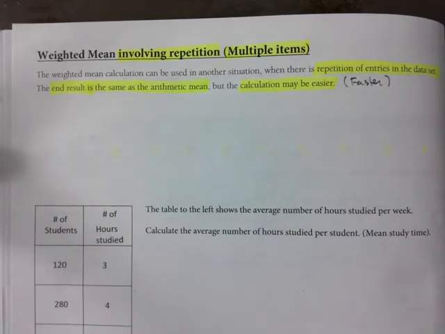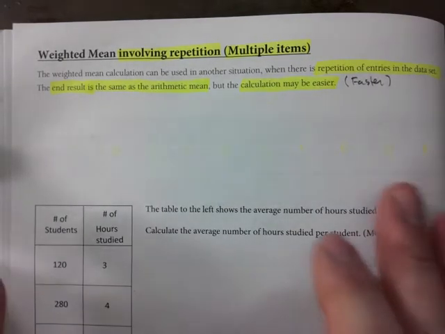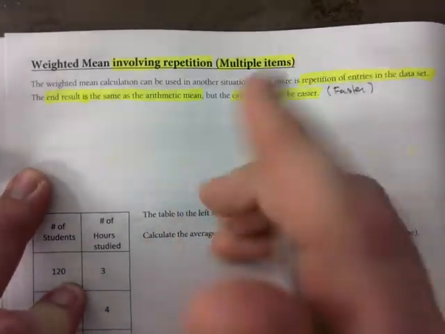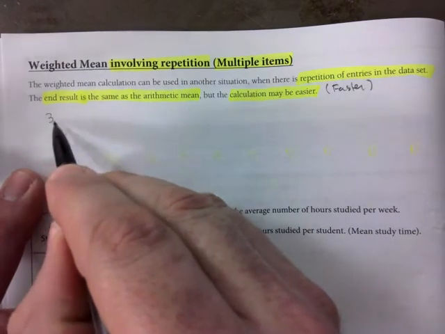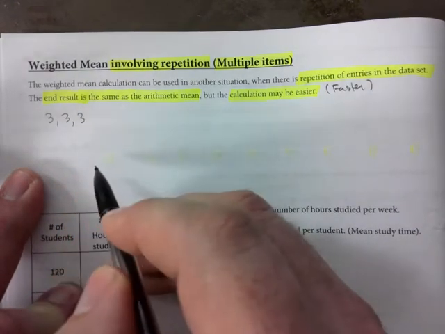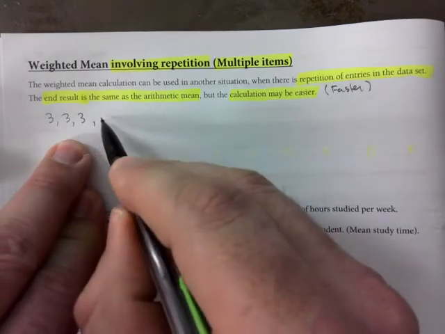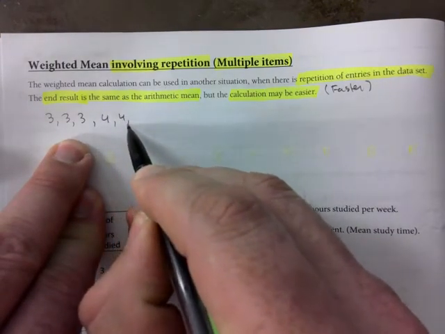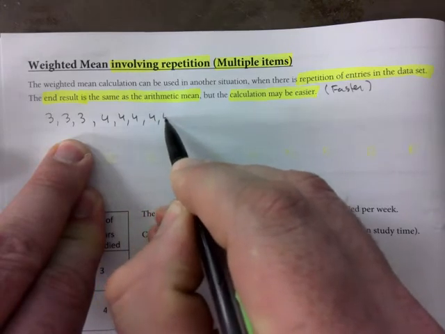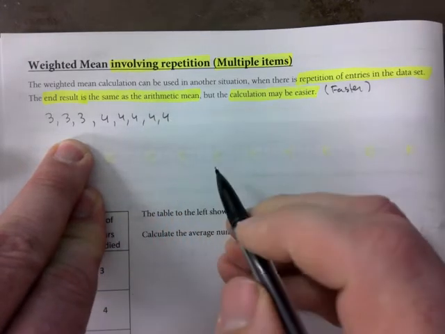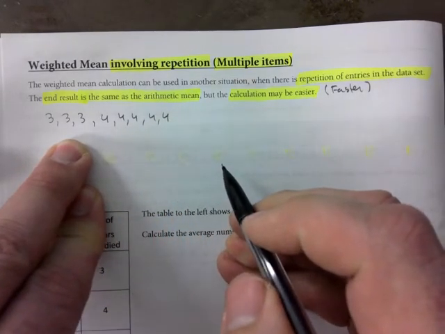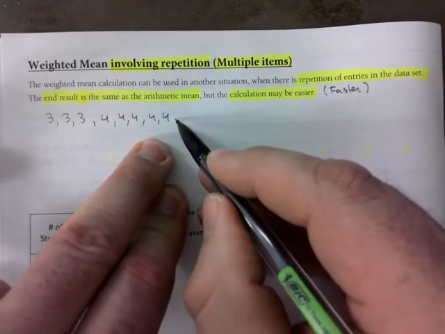And I'm just going to quickly bring this up here. So let's just make a data set real quick. Okay, so we're going to go 3, 3, 3. Got that? 3, 3, 3. And then we're going to go 4, 4, 4, 4, 4. So 5 fours. Put down 5 fours right next to each other.